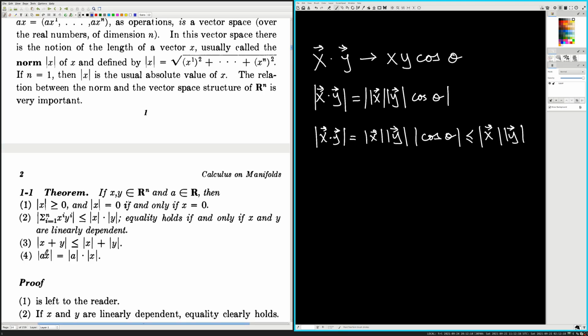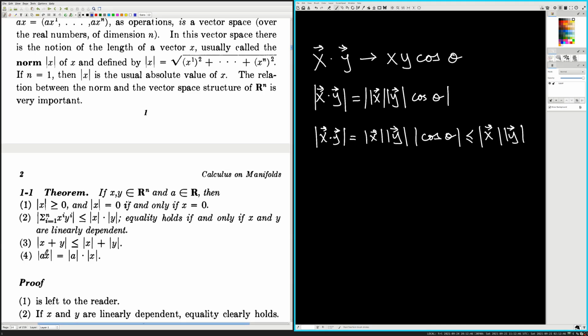the absolute value of x plus y is less than or equal to the absolute value of x plus the absolute value of y. Okay, for part 3, I'm trying to think of a proof with square roots.